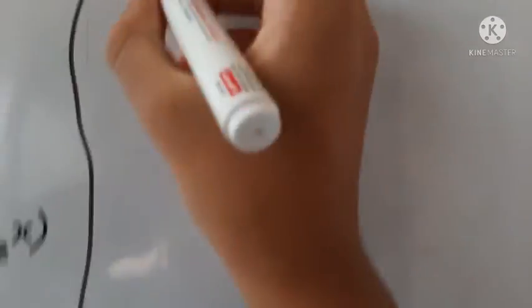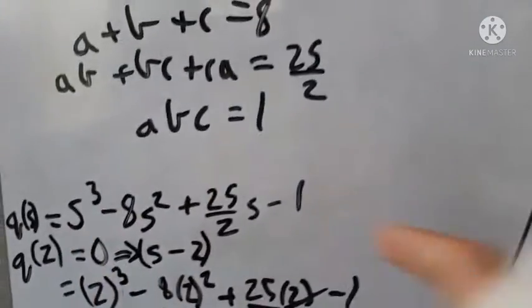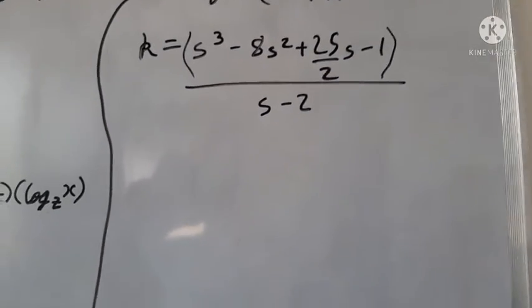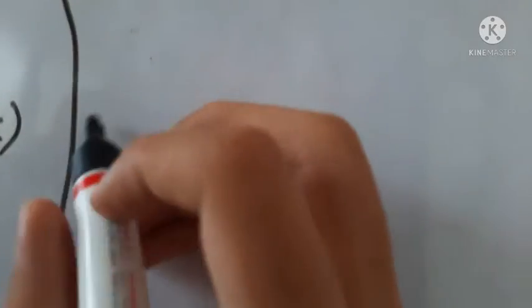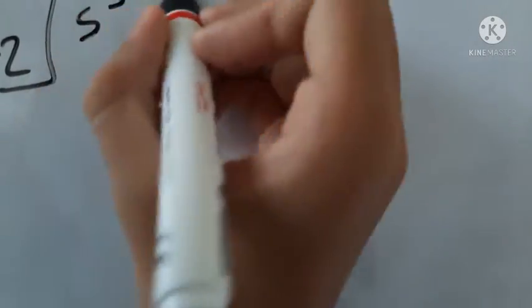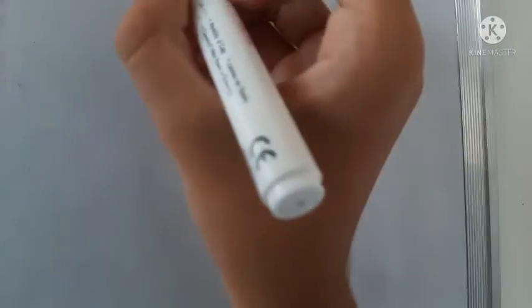K is equal to our original polynomial, s cubed minus 8s squared plus 25 over 2 s minus 1, over s minus 2. Now I'm just going to do division.